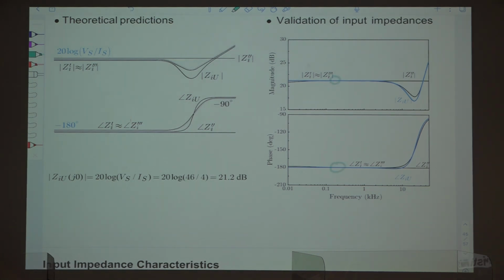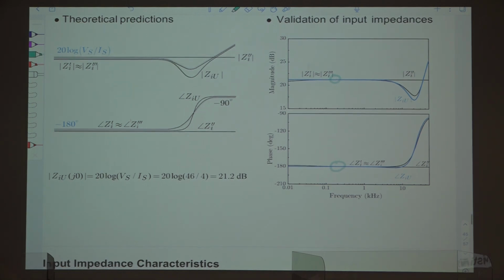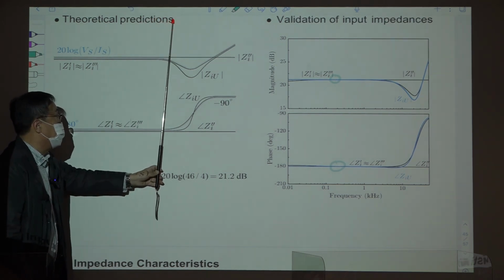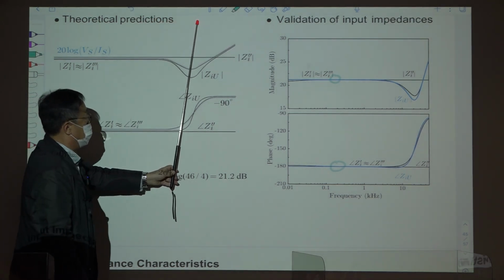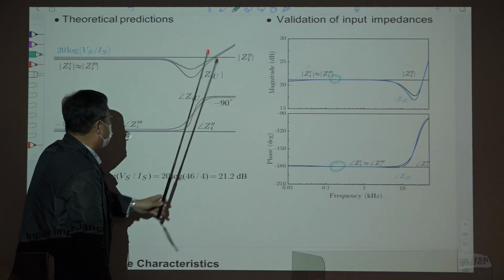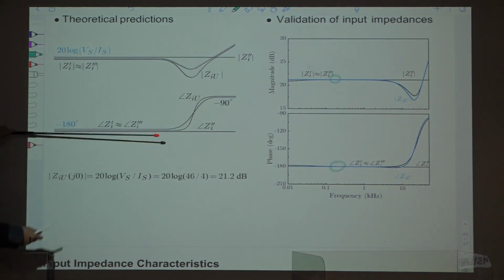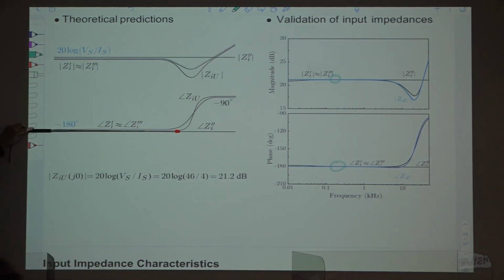Okay, so we proved this experimentally, and this GIU low frequency value is the value of negative incremental resistance at low frequency. Okay. They all have the same characteristic up to this frequency. This is the loop gain crossover frequency of the uncoupled converter, and the phase of them all remains at minus 180 degrees. Very strange, okay? And very, very interesting.